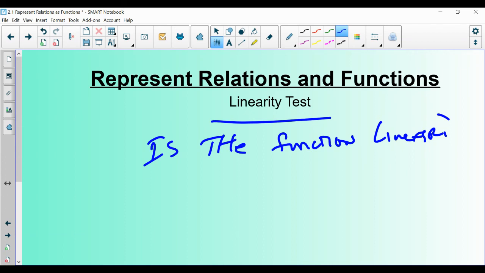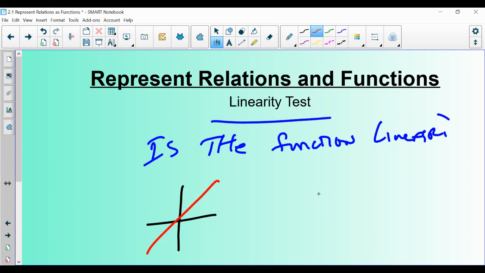On the tests, a lot of people mix up, is it linear and is it a function? Remember, is it a function is asking, is there only one output for each input, right? Each input can only have one output. Is it linear is asking, when I graph it, does it make a line?